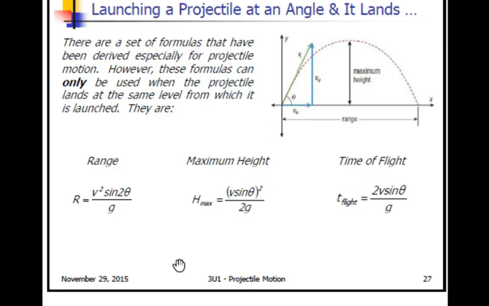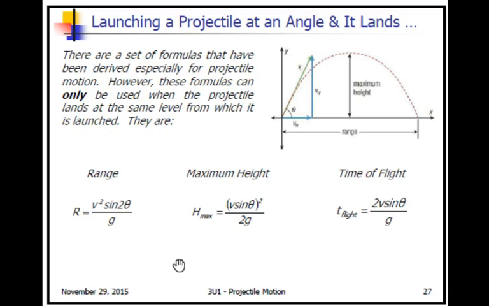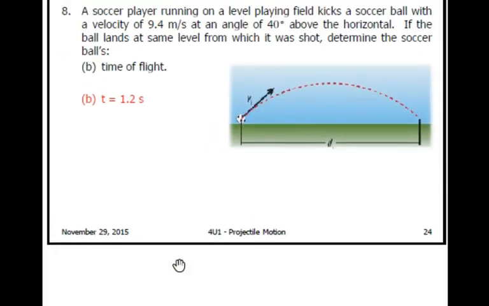So range, maximum height, and time of flight. In each of these equations, the v that you're given is the initial velocity regardless of the angle. So it's the magnitude of the velocity. And then your angle is used in different formats to solve your range, your maximum height, and your time of flight. So we're going to use these equations to solve each of these questions up here for 8.